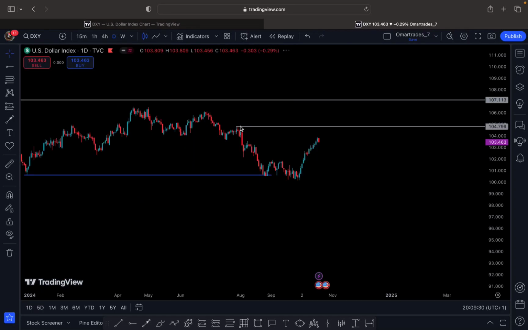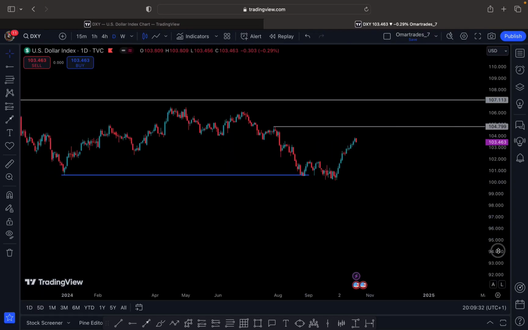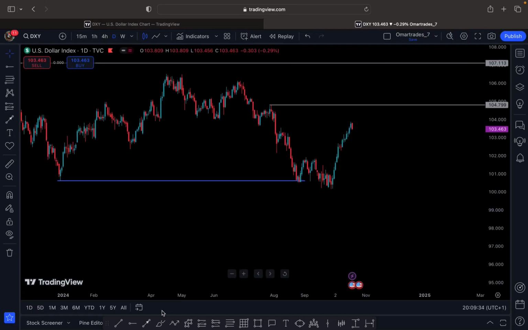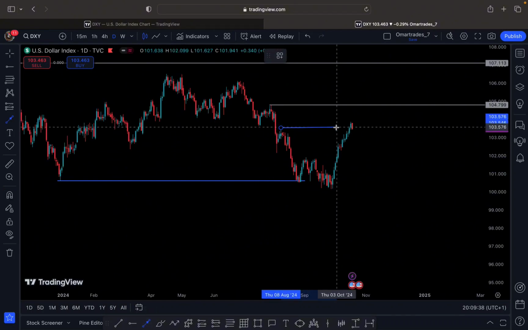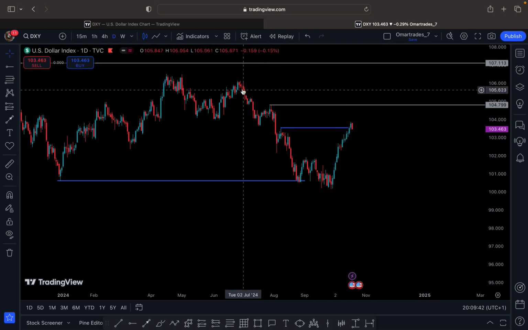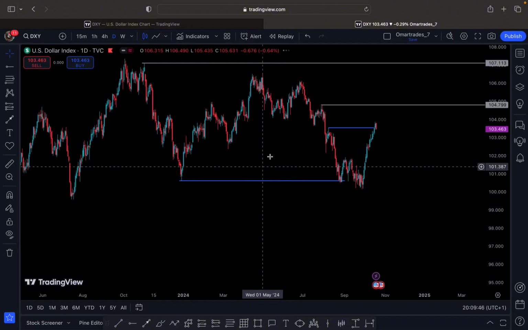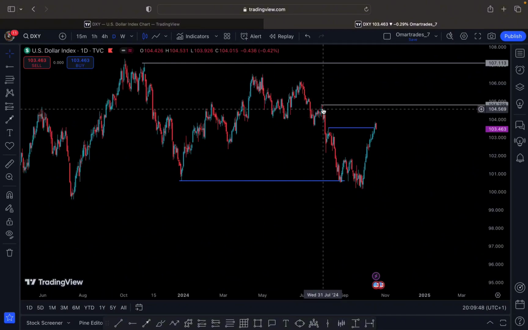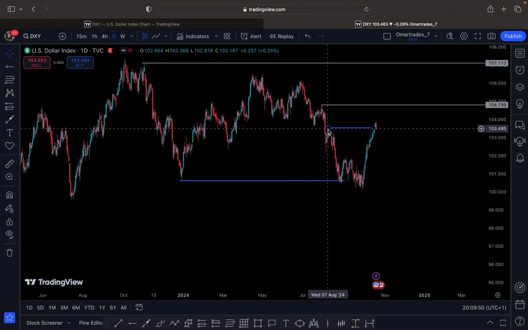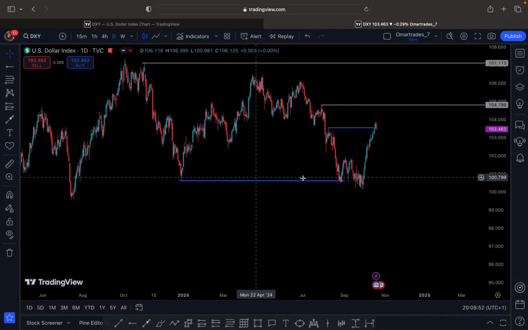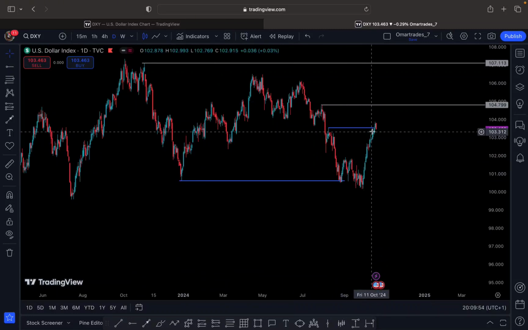Now, if we look here on the daily, however, we'll see this inflection point, or you can call it the value area, right? Because look what happens here: price sold off, created this continuation, sold off, created these hook points, and then dropped and took out this low right here, and now price is coming.